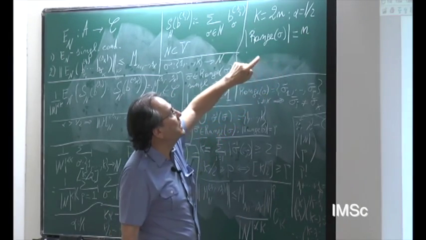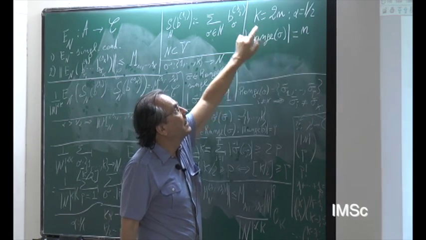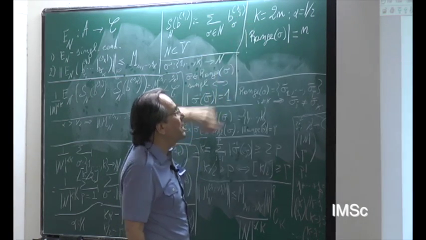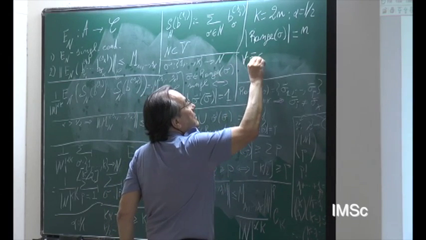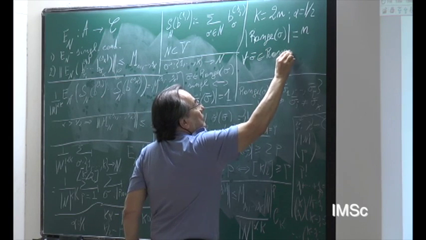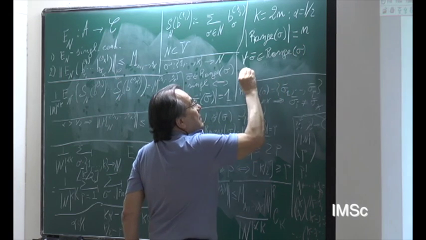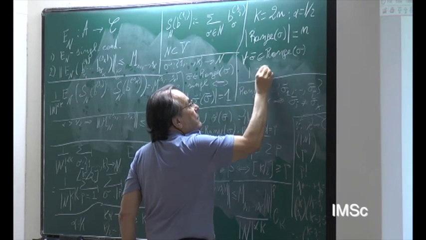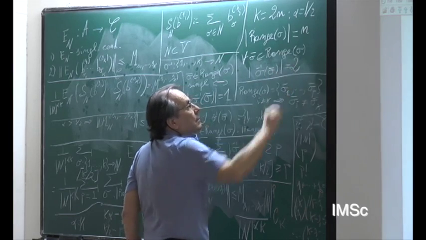So what does it mean that the range has cardinality n and k is 2n? It means that for each sigma bar in the range of sigma, the cardinality of the inverse image of sigma bar is exactly 2.